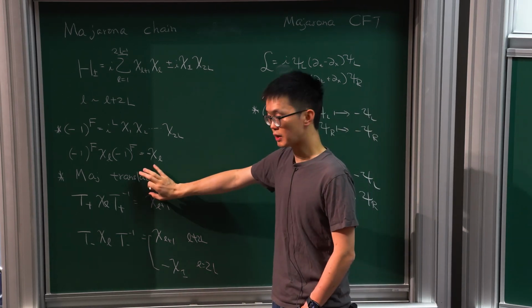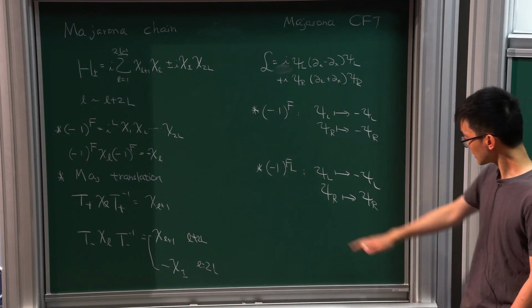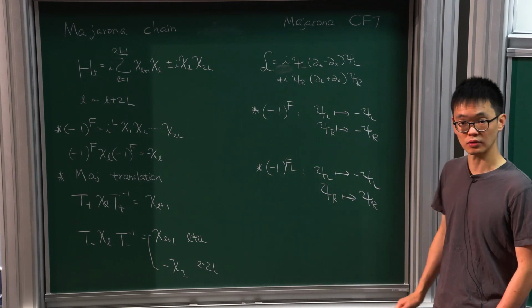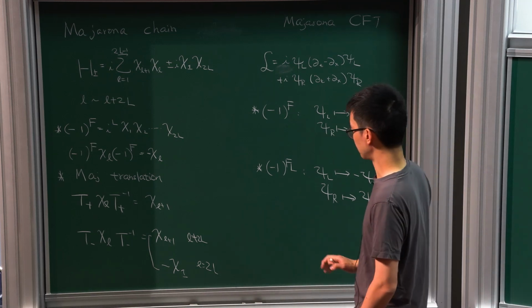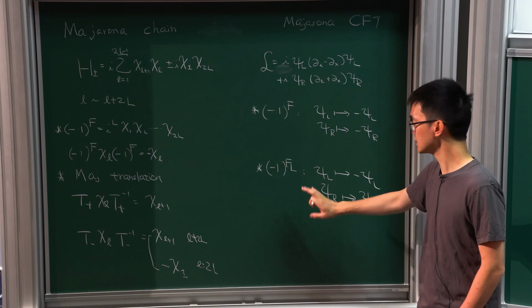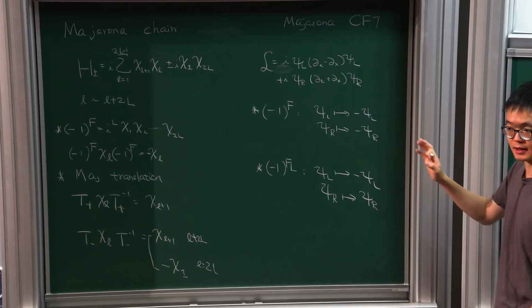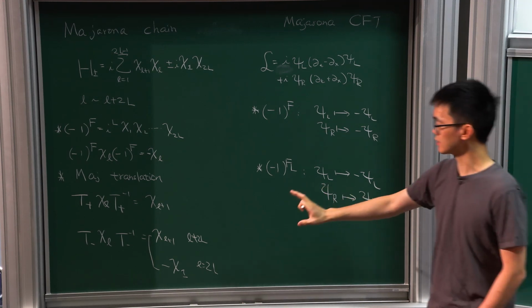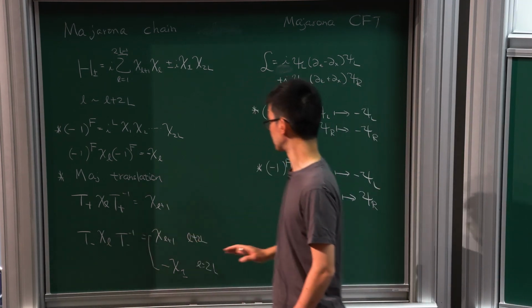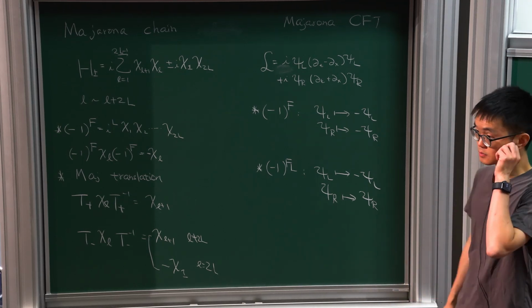In this case, it's the Majorana translation symmetry that becomes the chiral fermion parity in the continuum. I probably won't have time to say why this is the case, but the model is quadratic, so you can solve it exactly, look at the spectrum, identify how the translation symmetry acts, and compare that with the chiral fermion parity action.